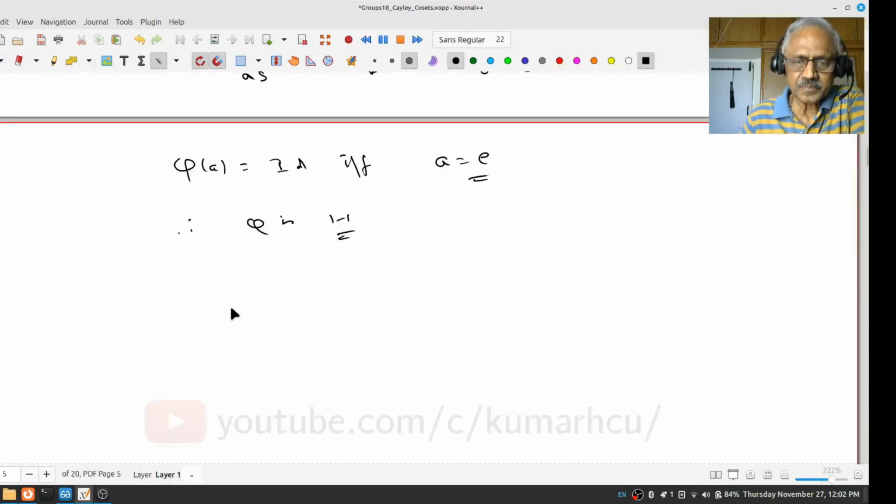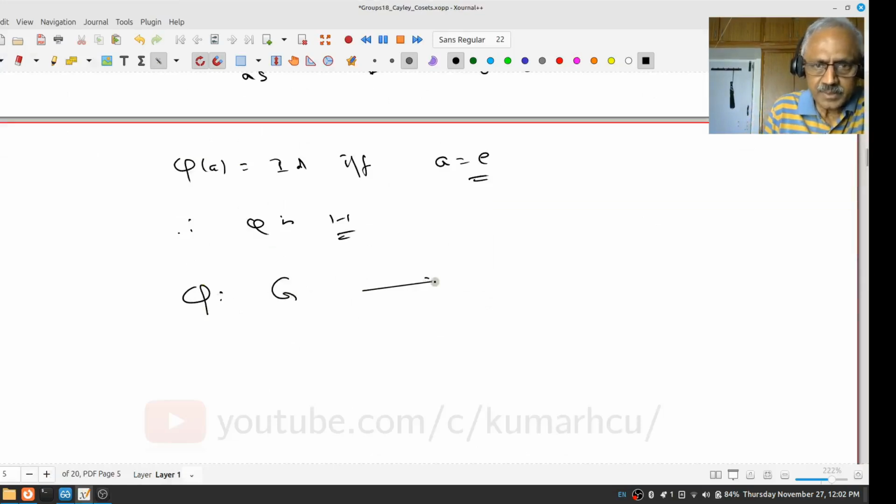Okay, now what do we have? I have a map phi from G into S of G, which is a 1-1 homomorphism, right?